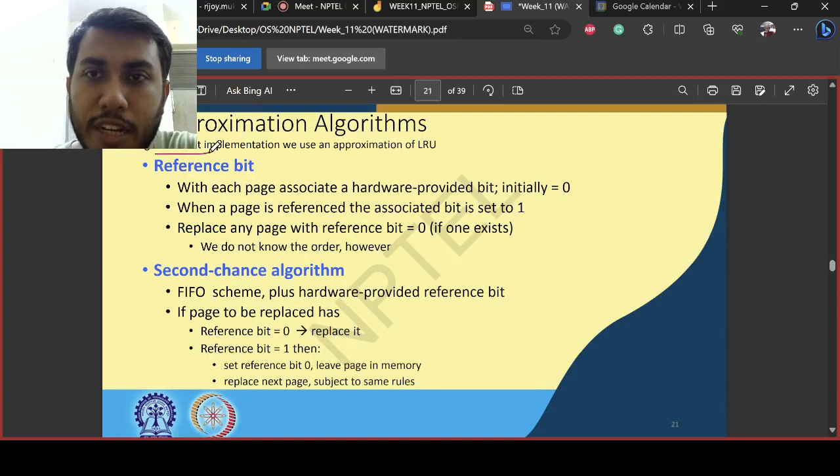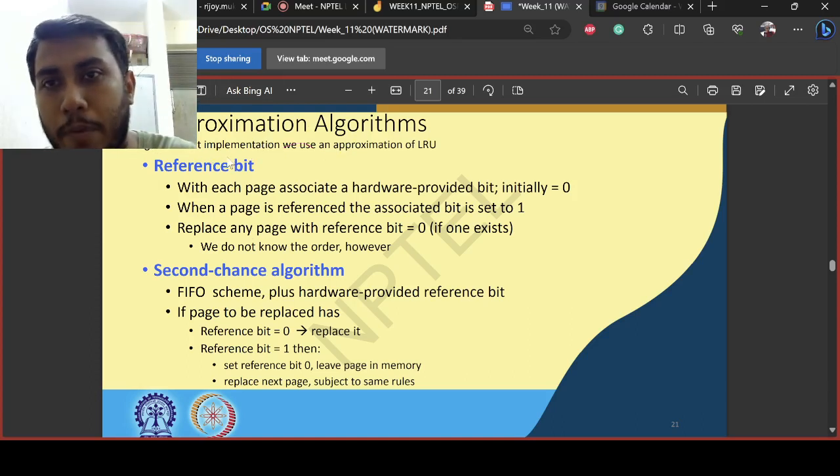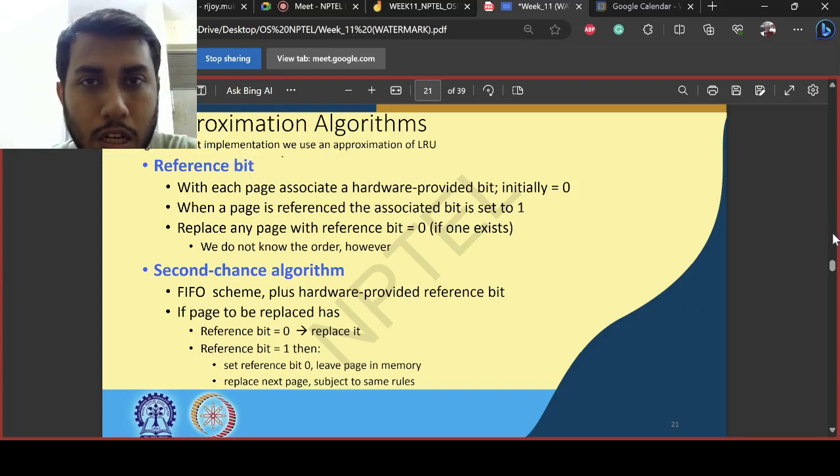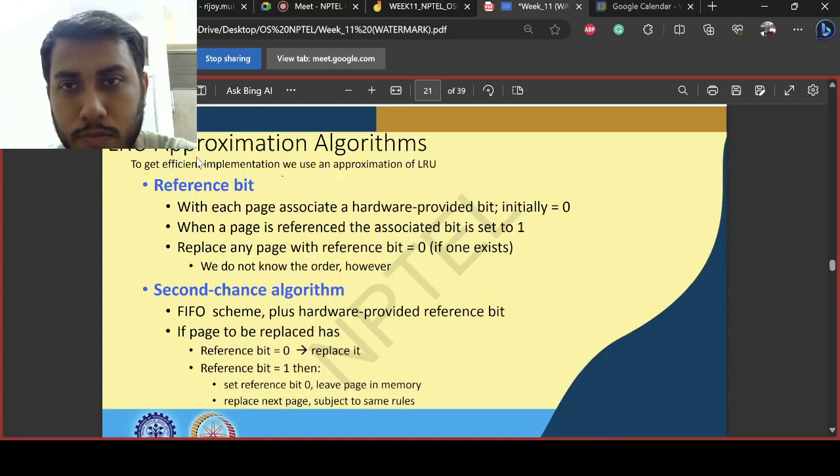To get an efficient implementation, we use an approximation. So the LRU approximation algorithm. To get an efficient way, we use an approximation of LRU.